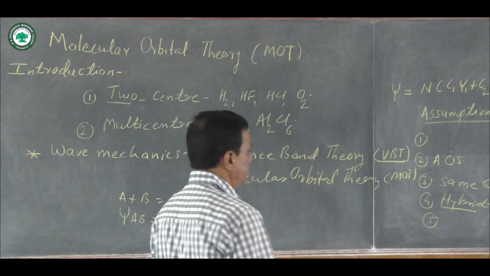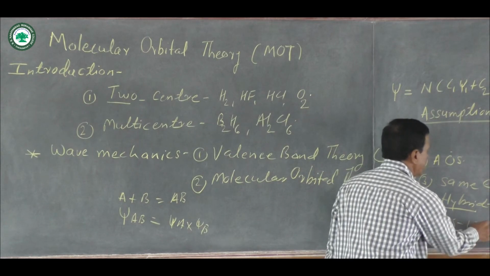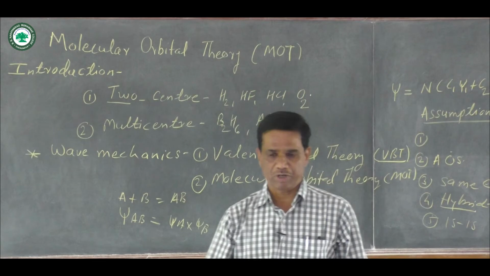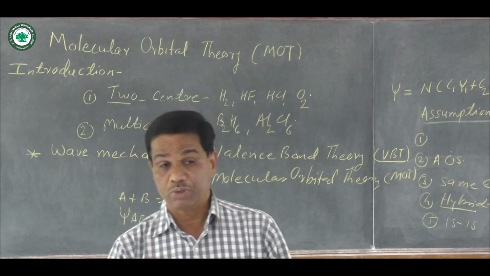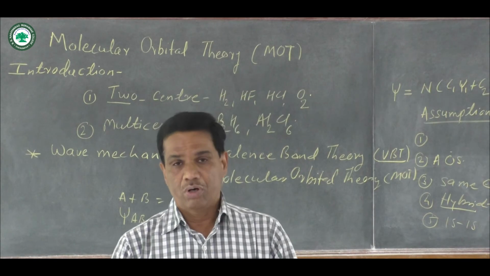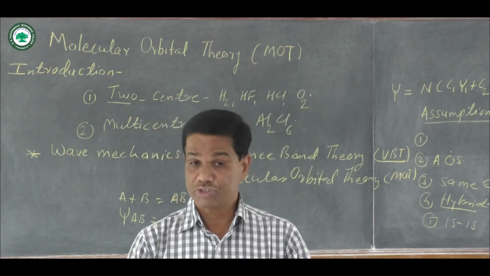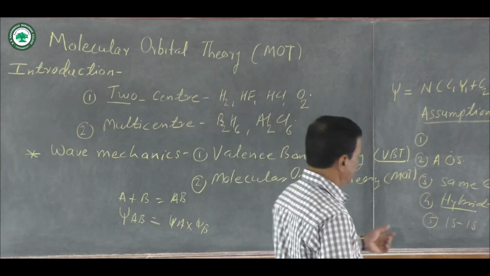Means in symmetry a 1s orbital effectively overlaps with a 1s orbital, and effective overlap does not occur between 1s and 2s or a 1s orbital with a 2p orbital. Means symmetry is maintained, and again their energies are considered.